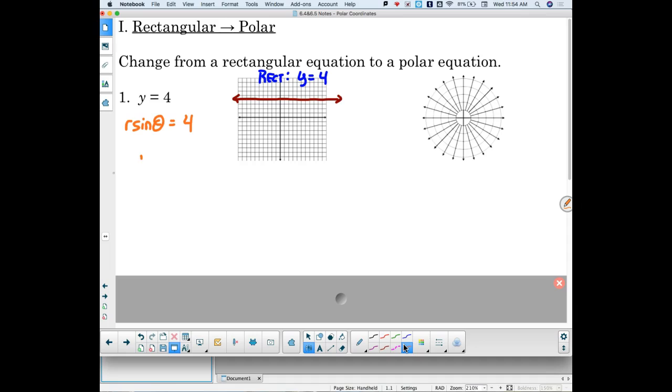So I get R equals 4 divided by the sine of theta. Can I make that look pretty? R equals 4 cosecant of theta? Yes? On the graph, 1, 2, 3, and 4, it will look like that.